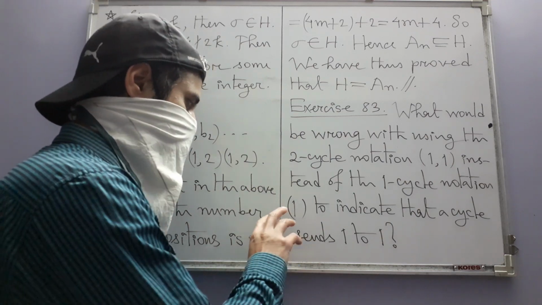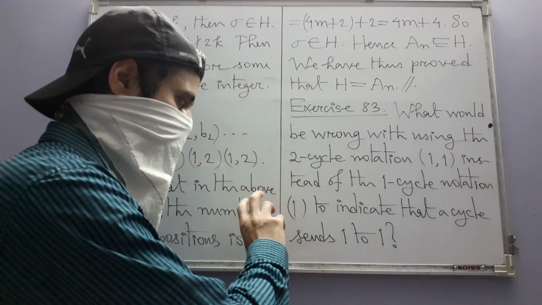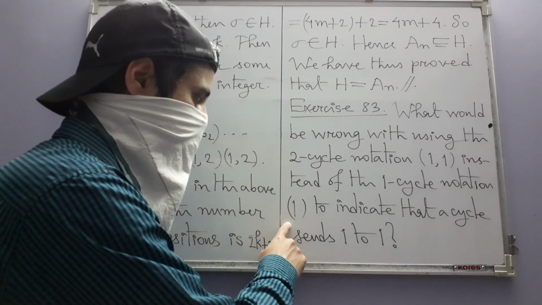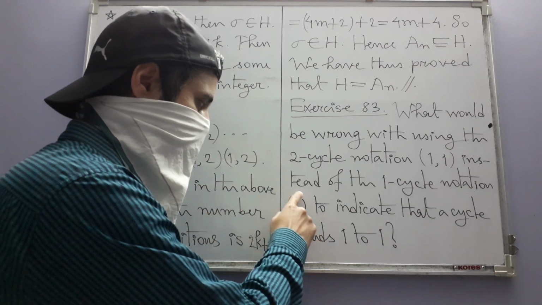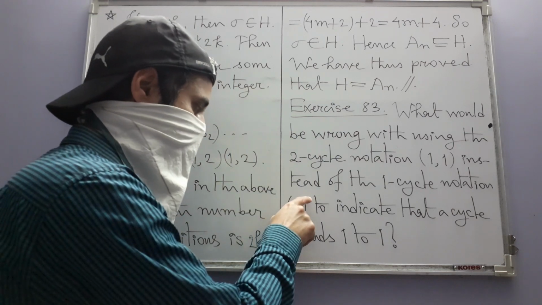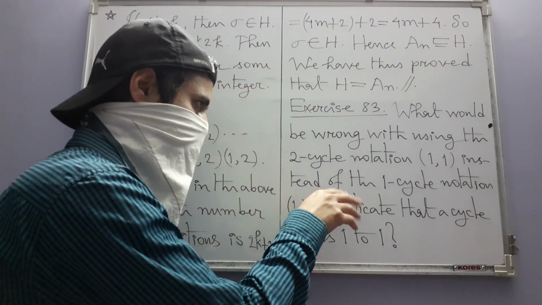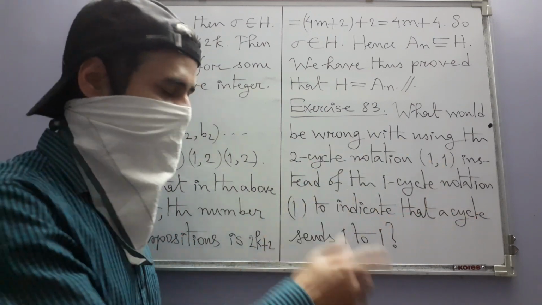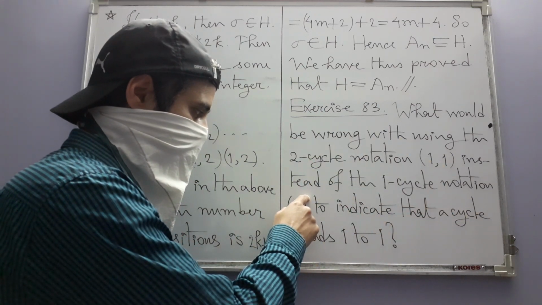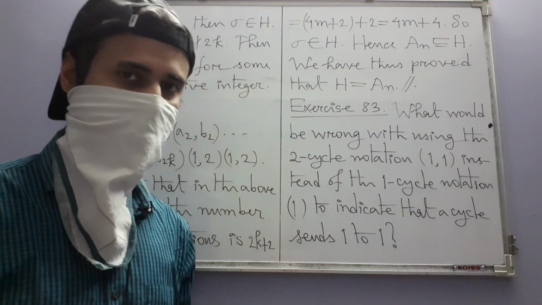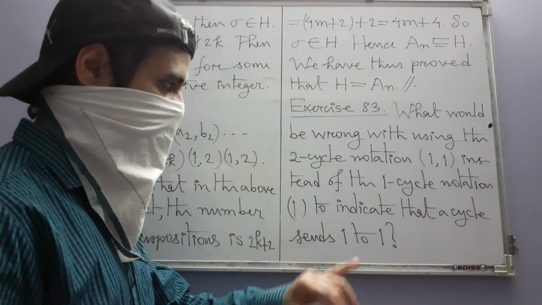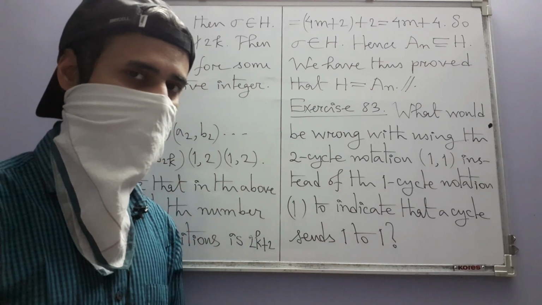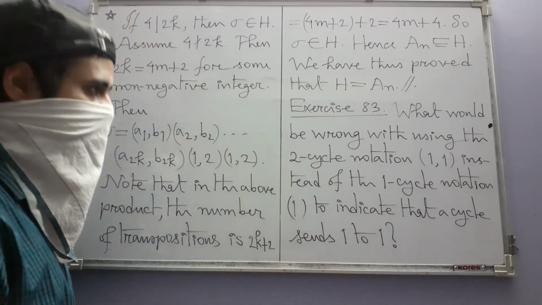However, if a permutation does not change 1, say the symbol 1, then we usually indicate that fact by either not mentioning it at all in the symbol for that cycle, or we use this symbol to indicate that the cycle does not change 1, that is, it sends 1 to 1 itself.